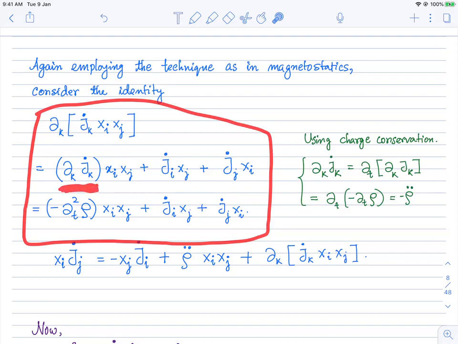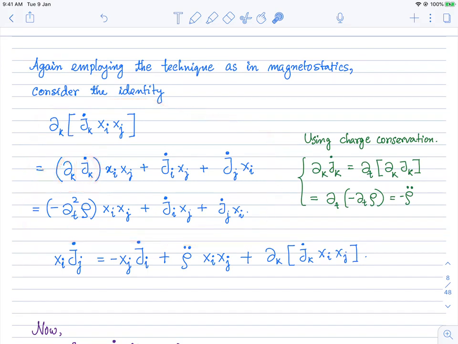Here it's the divergence of the time derivative of J, but the time derivative you can pull out and rewrite the divergence as the time derivative of charge density. There was already one time derivative here, so this becomes the double time derivative of charge density.